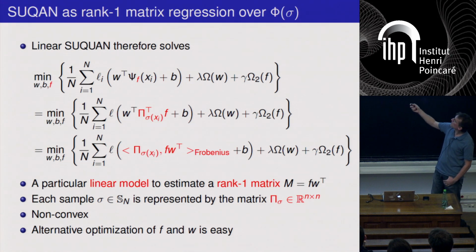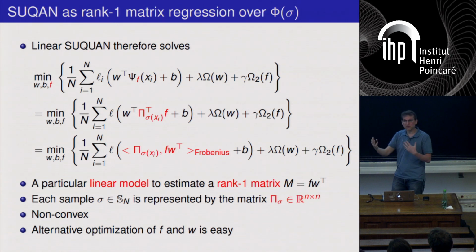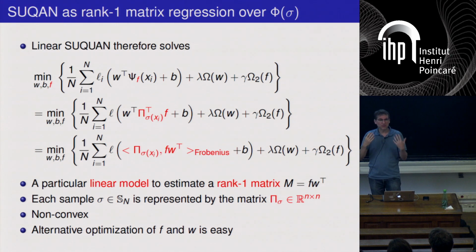And this is the manipulation. This inner product is the matrix inner product between your matrix pi, this binary matrix that represents an object, and the new matrix, which is F W transpose. And suddenly there is a symmetry that appears between F and W, even though when I explained it, they looked a bit different.